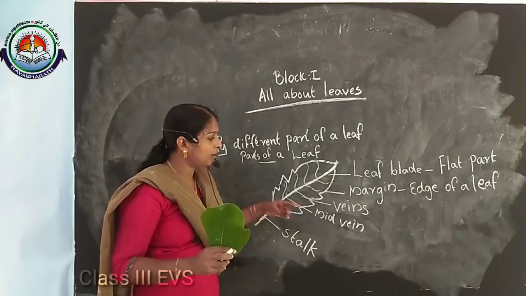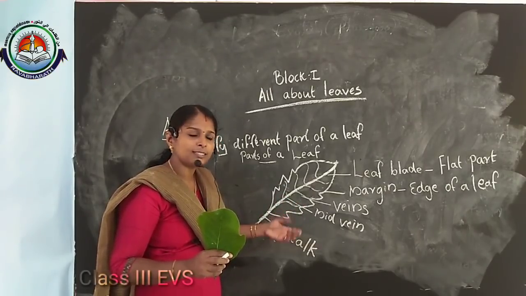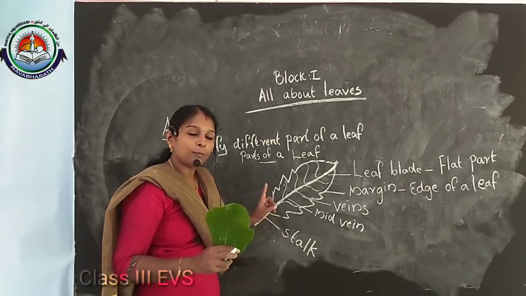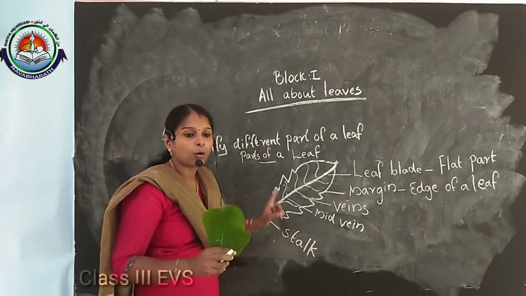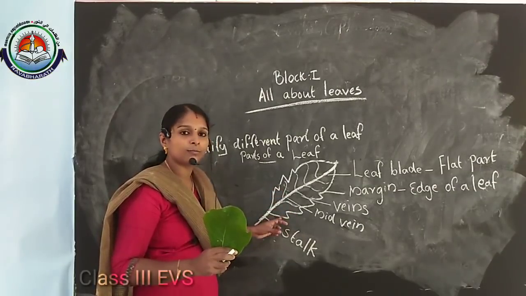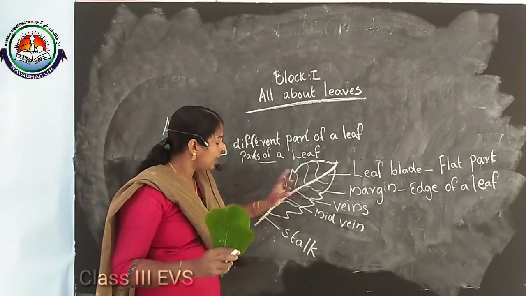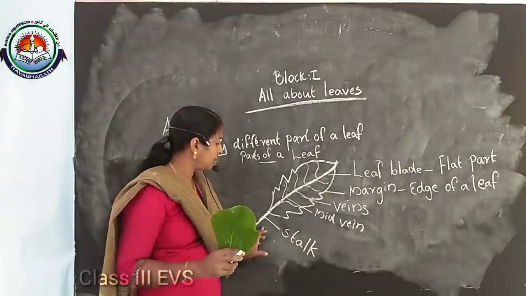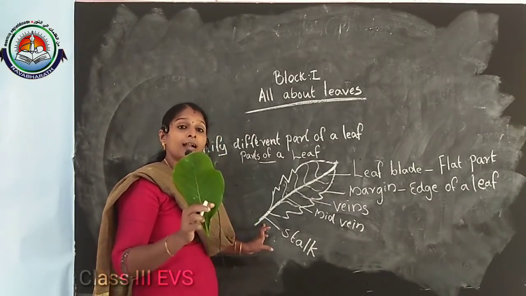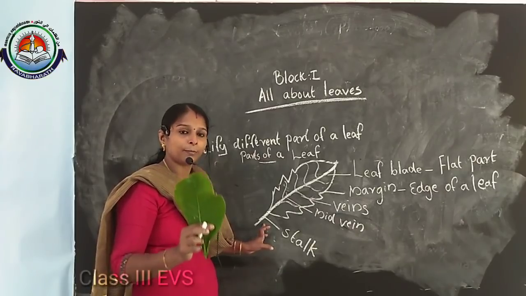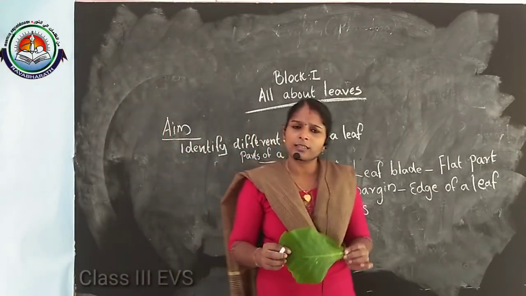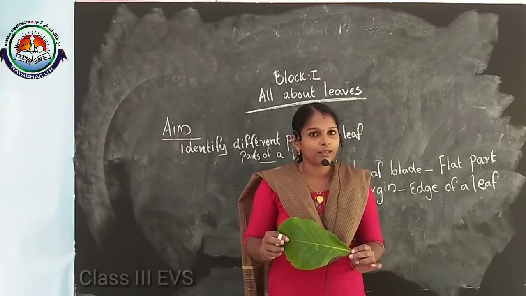One more type of vein is the mid vein, the vein that passes through the middle of the leaf. All small veins start from this mid vein. The last part we studied is the stalk. A leaf is connected to the stem by a stalk. Now I think it is clear to you what the parts of a leaf are.